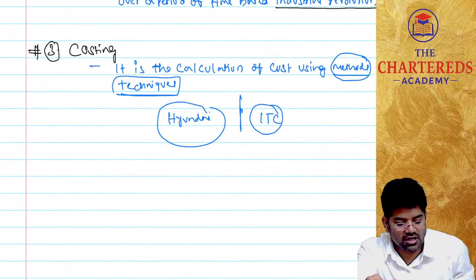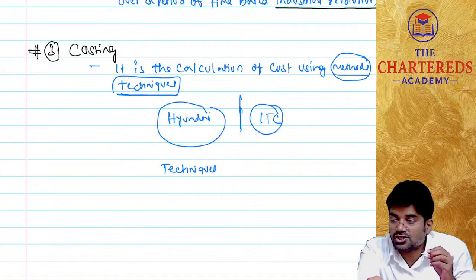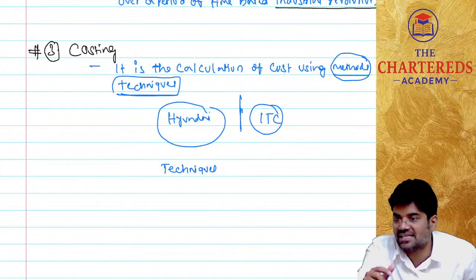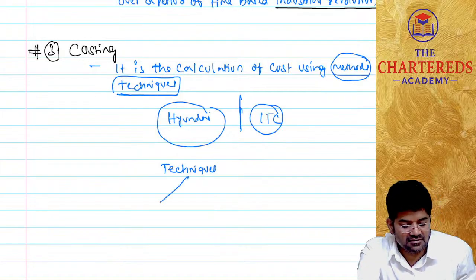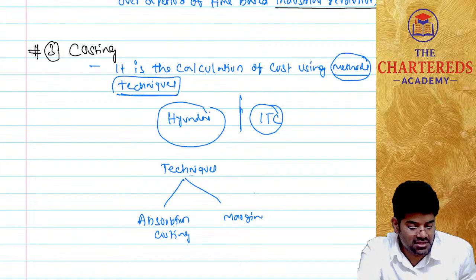Now techniques will tell us what should be included in cost. అసలు కాస్ట్లో ఏముండాలనేది టెక్నిక్స్ గివ్ అస్. Techniques we have basically two. One is absorption costing, other one is marginal costing.